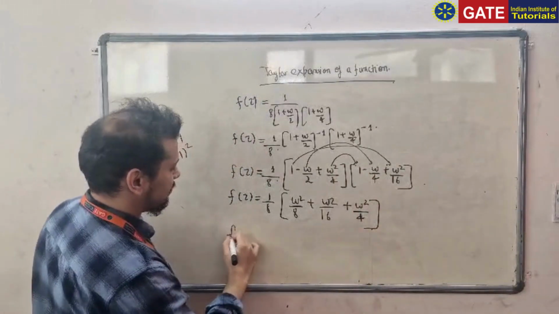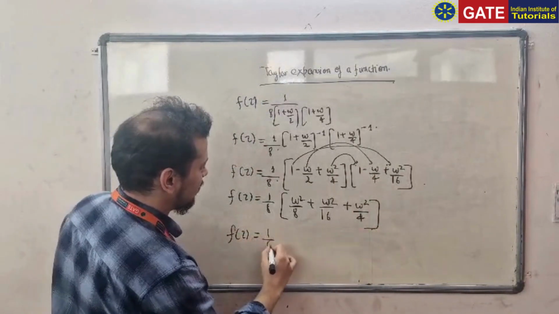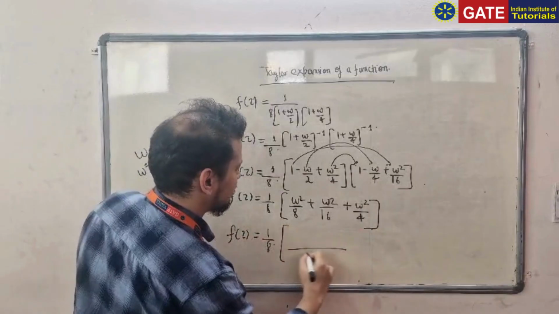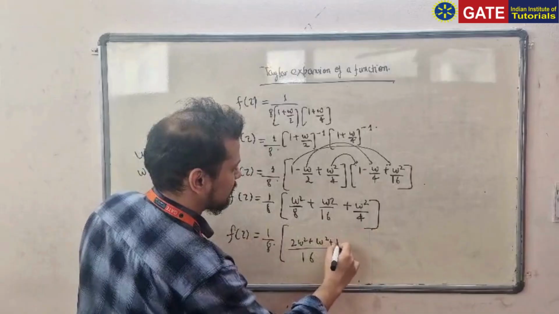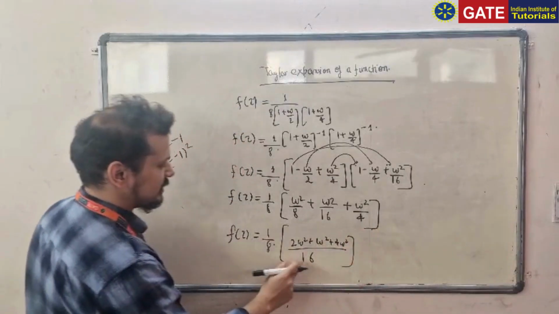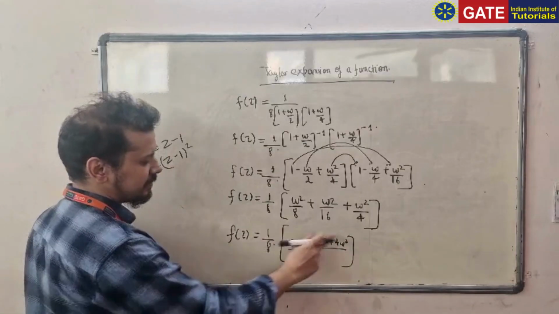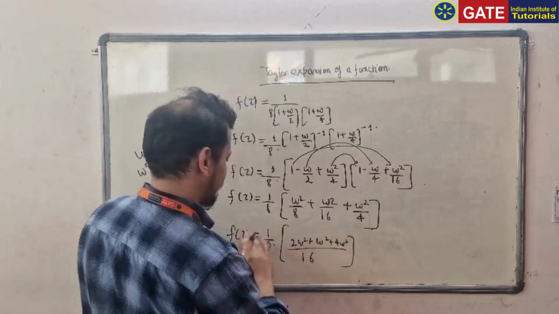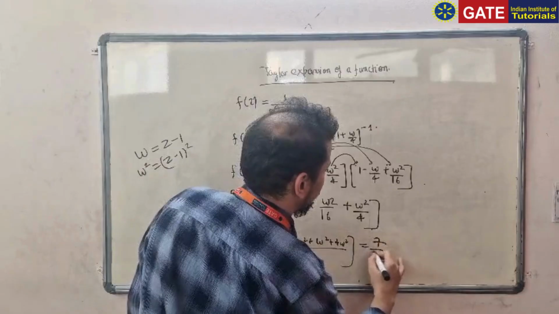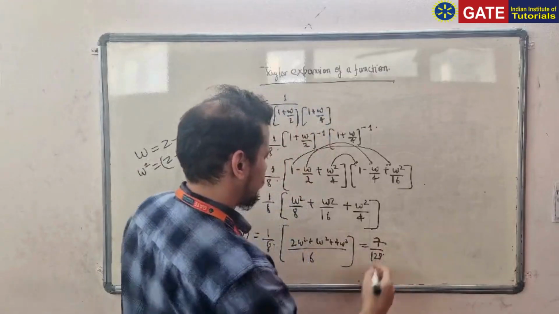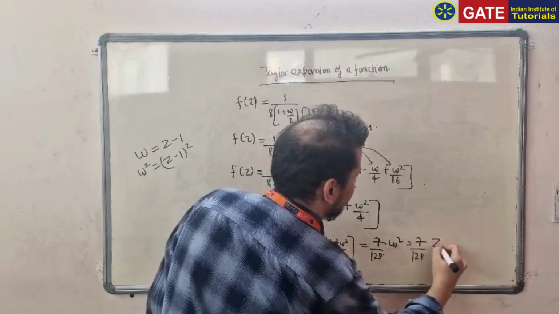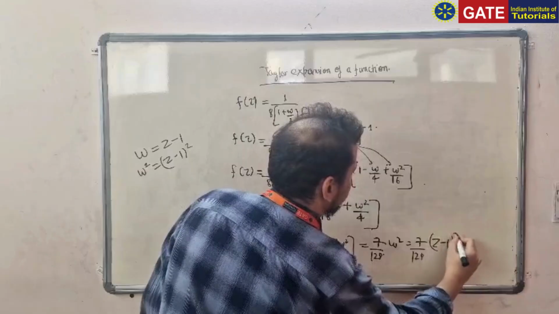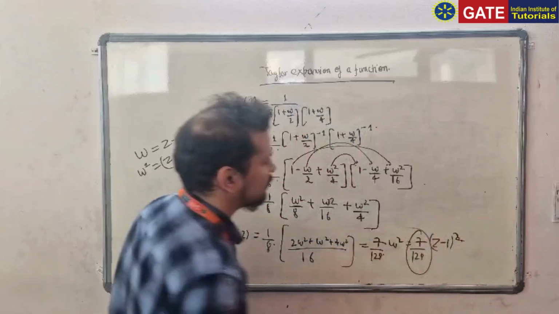If we take the LCM, we will have 1 by 8 and the LCM will be 16, so it will be 2w square plus w square plus 4w square. So 16 into 8 is 128 and we have a 7. So this will become 7 by 128 into w square, or 7 by 128 (z minus 1) whole square. So this is the coefficient of (z minus 1) whole square.